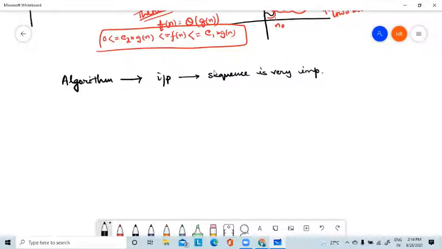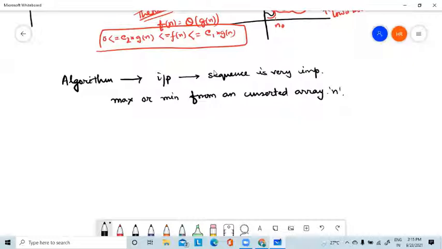Now suppose we want to calculate the maximum or minimum from an unsorted array of n elements.